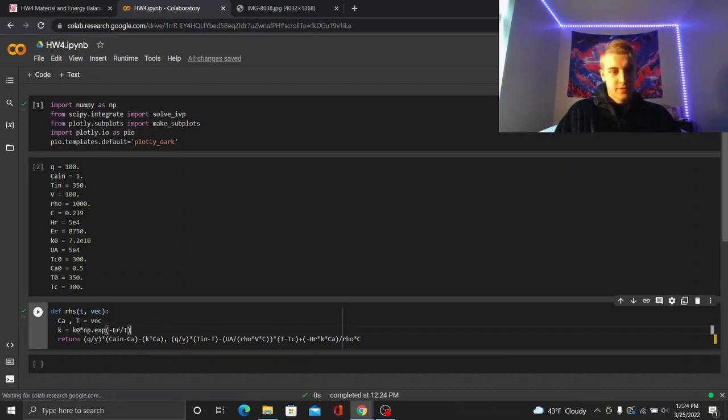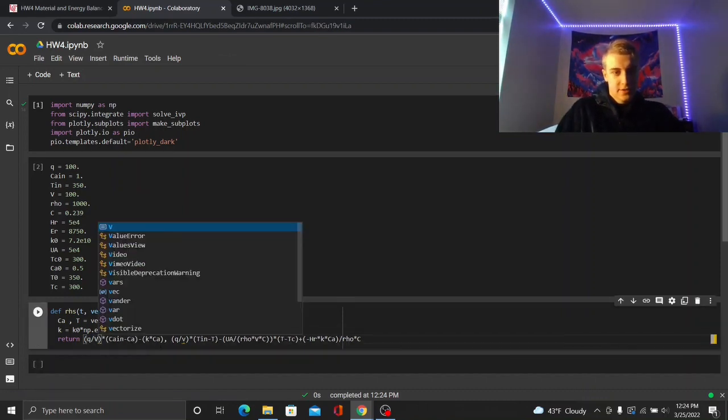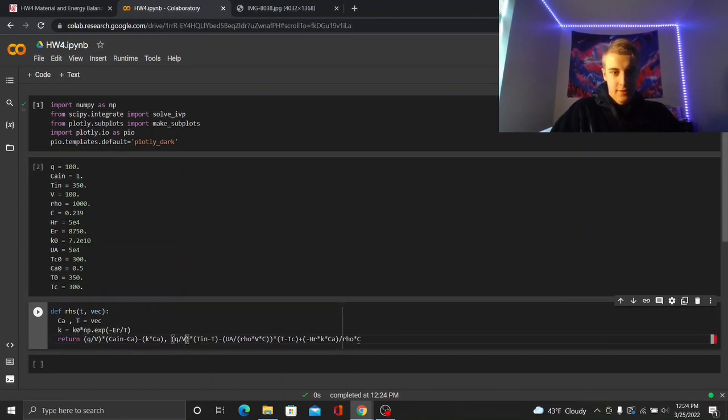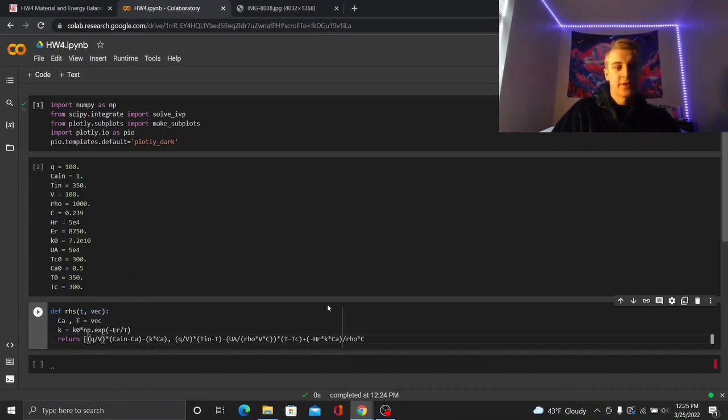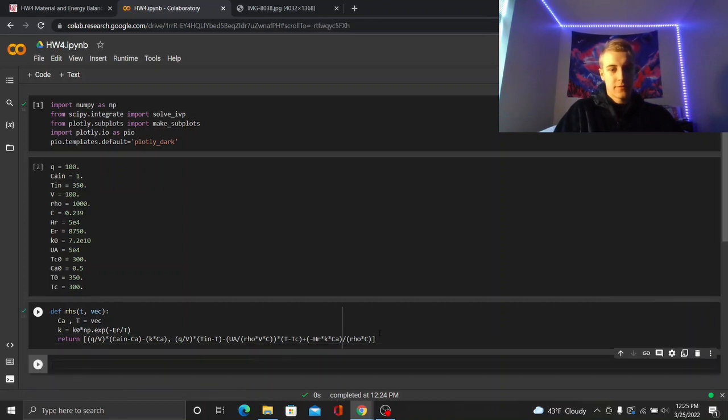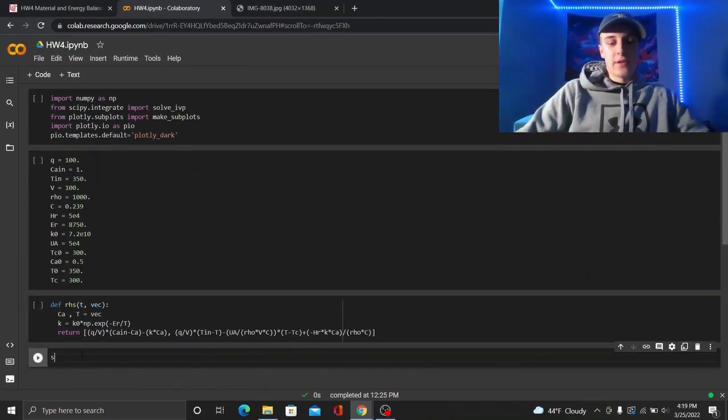And it looks like these V's should be capital as well, because that's what I defined it as before. Capital V, capital V. There we go. And then one more thing I forgot is brackets around this because it will be an array as well. Also, just to make sure that this doesn't mess up, I'm going to put parentheses around that as well. There we go.